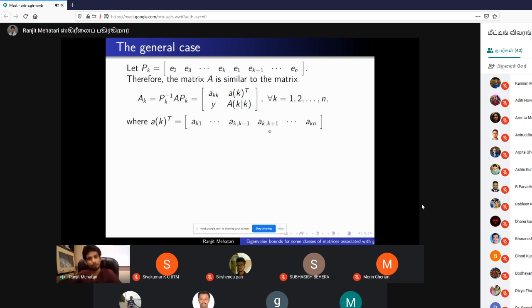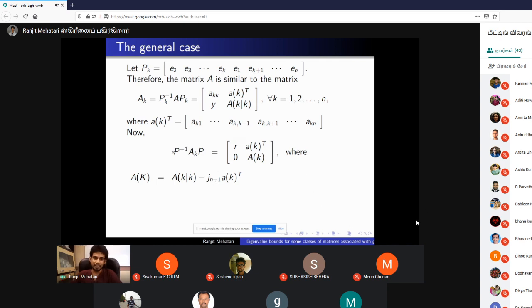Now we perform the similar multiplication here, P inverse Ak into P. In that case, the resultant matrix is again a block upper triangular matrix.